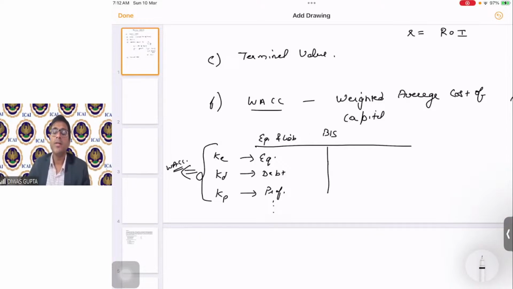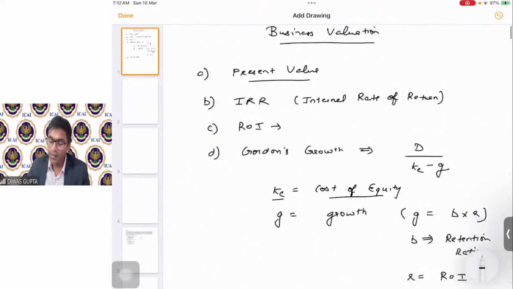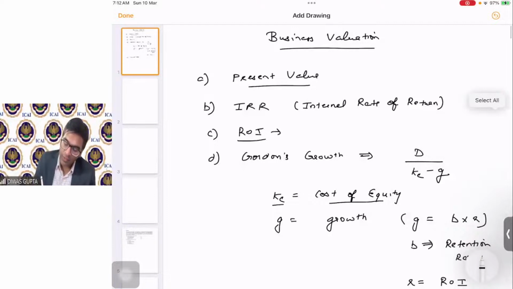So it is always from the investor's perspective, the people who have invested equity, debt, or preference shares, the cost of equity, cost of debt, cost of preference share is from their viewpoint, from the market viewpoint. Because from the company's viewpoint, we have return on equity, return on investment, or return on total assets.